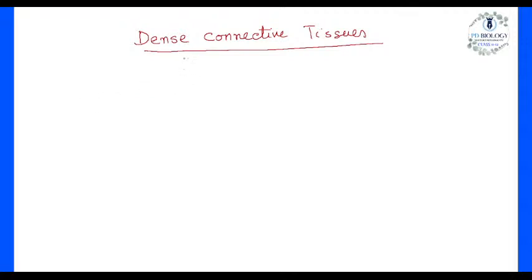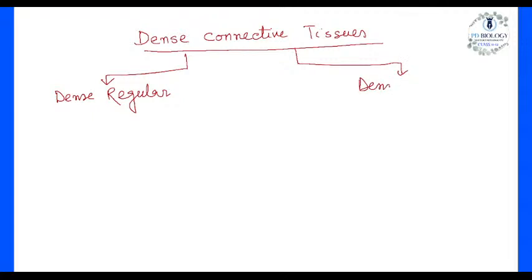In this group, some are dense regular connective tissue and some are dense irregular.